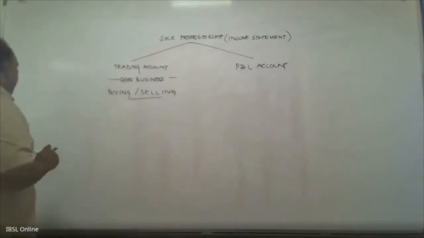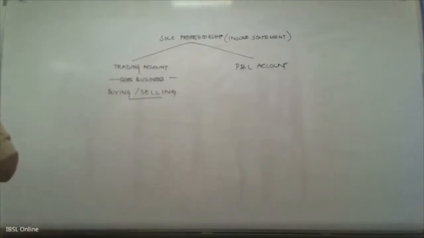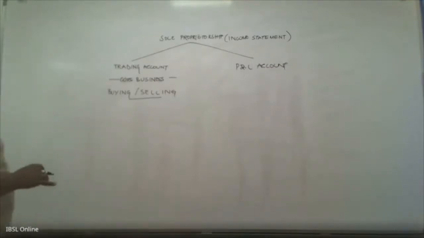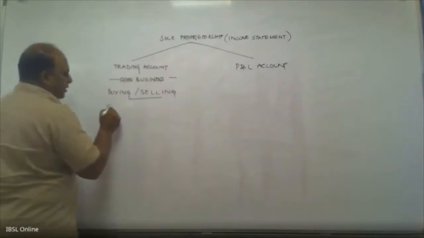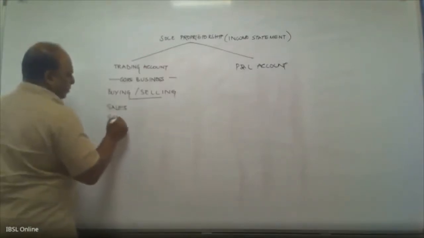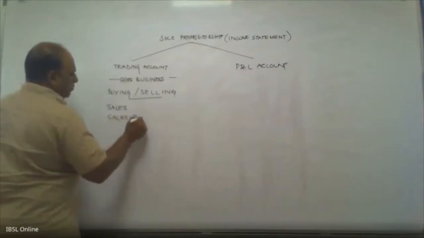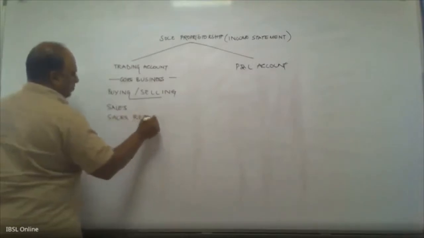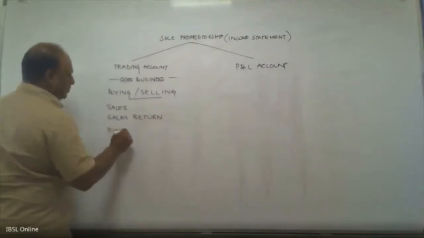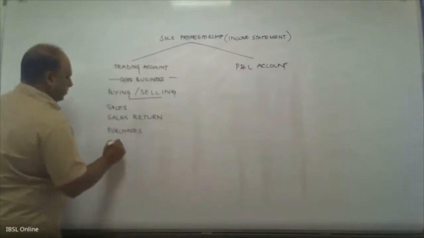Under the books of prime entry, we learned about 7 day books, out of which there are 4 day books which are of very importance into this. What are those? Sales, sales return, purchases, purchases return.